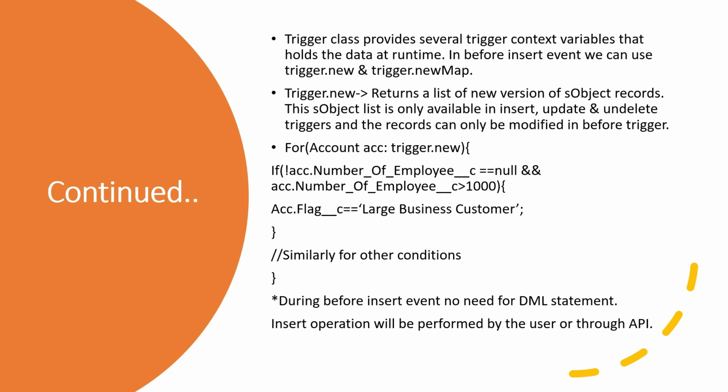We have a custom field on account, and we are referring to acc.Flag__c equals Large Business Customer. Similarly, we can write logic for the other conditions as well. During the before insert event, there is no need for a DML statement. The insert operation will be performed by the user or through the API.